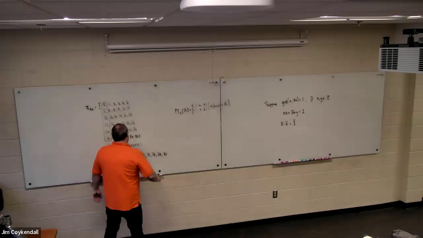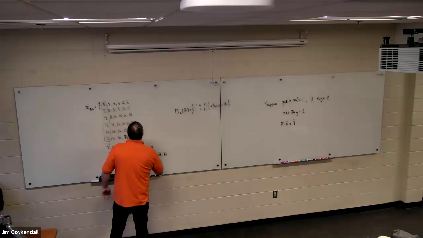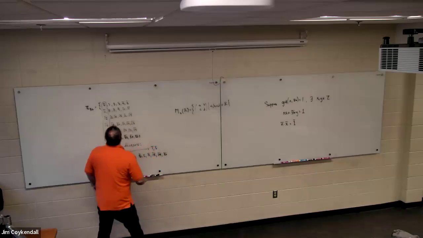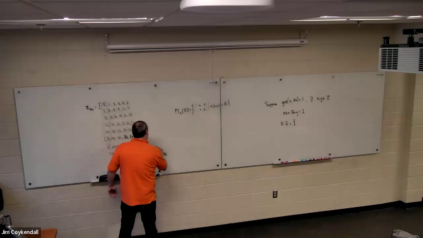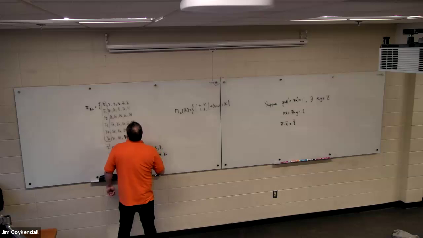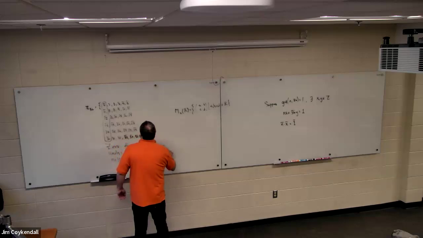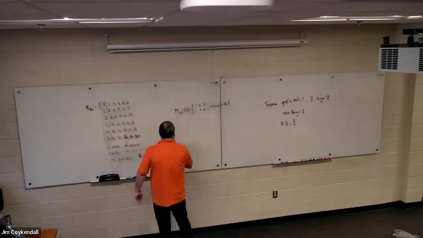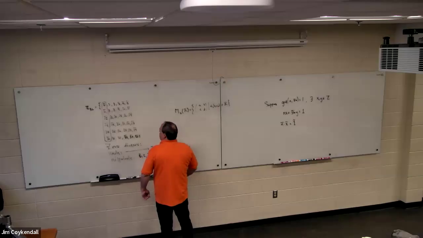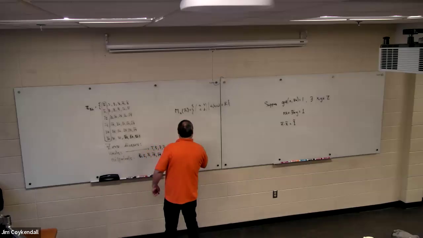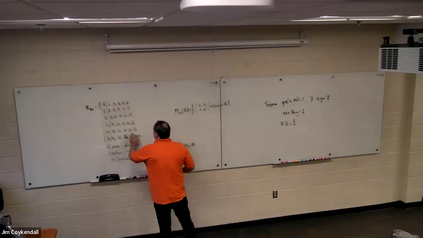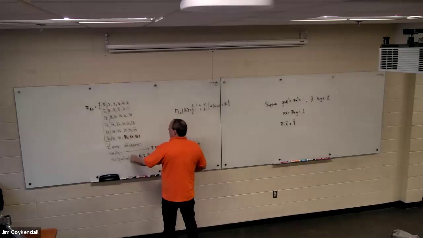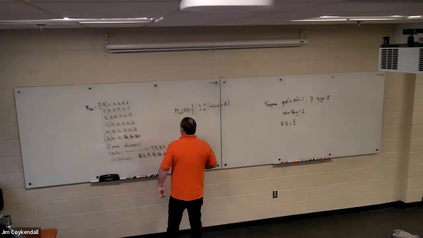So this is 1 bar, 5 bar, this might be kind of obnoxious, 7 bar, 11 bar, 13 bar, 17 bar, 19 bar, 23 bar, 25 bar, 29 bar, and 31 bar, 35 bar.